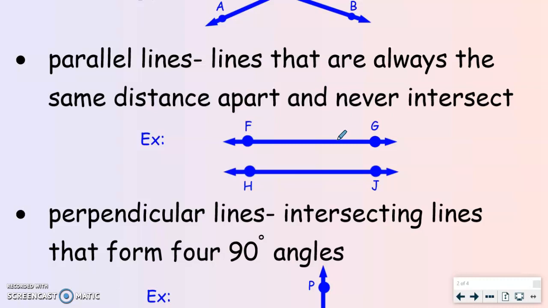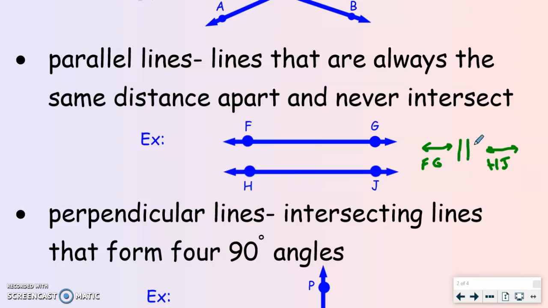A way that we can represent that lines are parallel to each other is you can write the names of the lines. So here we'll do line FG, and we have line HJ, and in between those lines, we can annotate them this way, we're going to put a set of parallel lines.